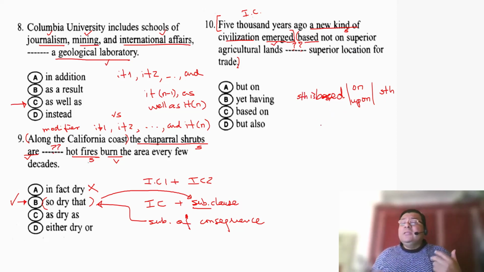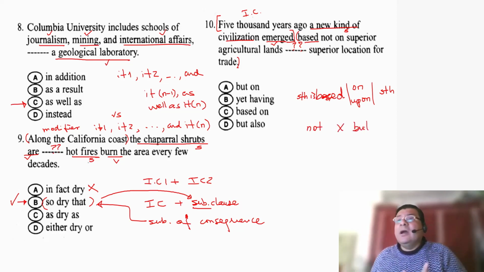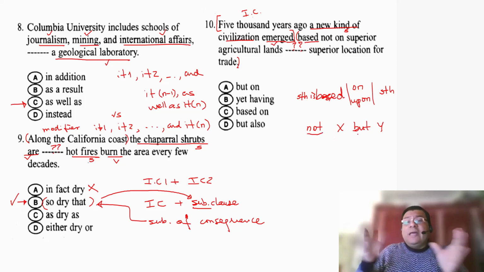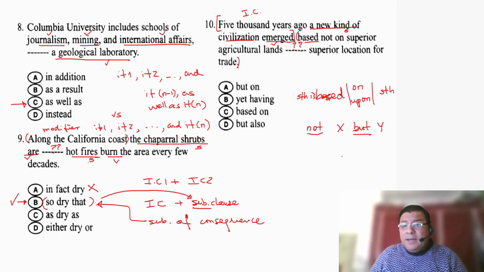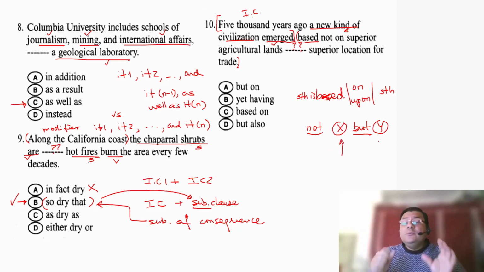It looks like we're trying to contrast the fact that a new kind of civilization that emerged was based not on factor X. Actually, it was based on another factor Y. How do we express that? That correlative conjunction that we use to express inclusion and exclusion is "not X, but Y," okay? And notice that the 2 structures here that are being joined with this correlative conjunction need to be parallel.